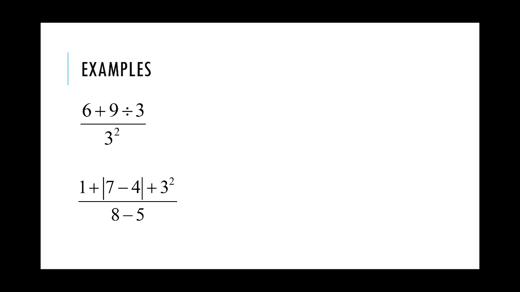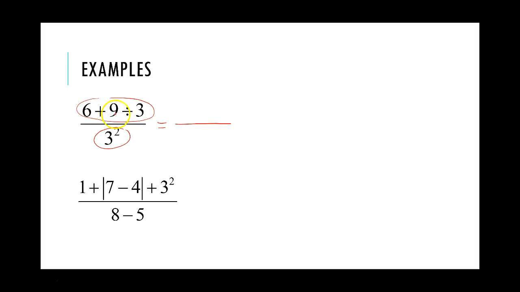All right, these next two examples are still order of operations, but notice that they look like fractions. So I have all of this stuff on top, and then I have stuff on bottom. The key here is to figure out what this top is, and then figure out what this bottom is before I can worry about the fraction.